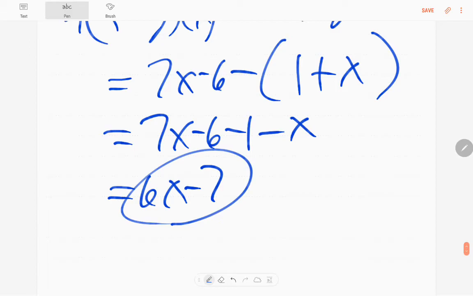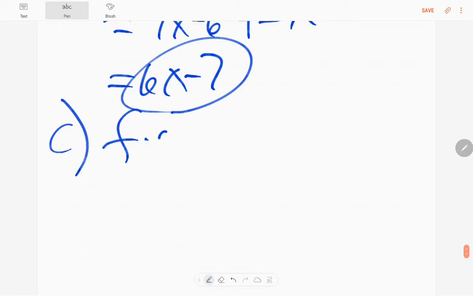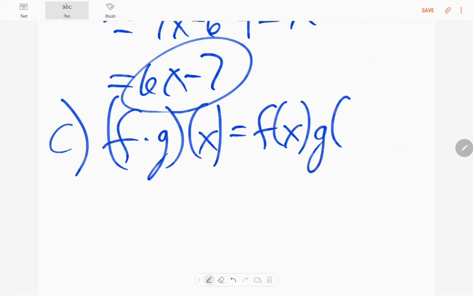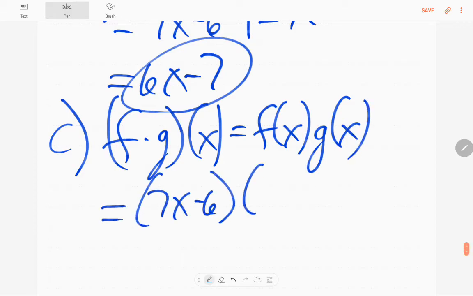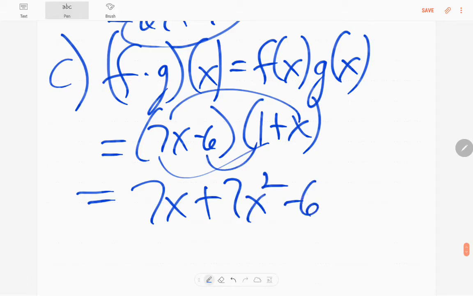So again, going kind of fast, but these videos are already so long, and you can always pause and rewind. Next one is f times g of x. That's just the product of the two. So in this case, you probably want to FOIL this thing. First would be 7x, outer 7x squared, inner minus 6, and last minus 6x.